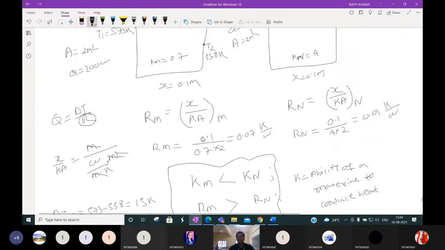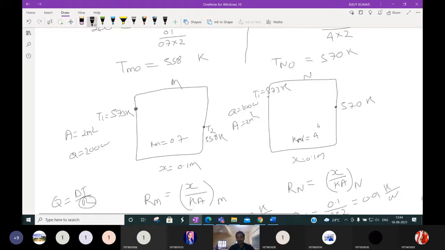The same thing in these two materials: here it is 0.7, here 4 is there. Here we have higher thermal conductivity, here lesser thermal conductivity. So the heat will flow here more rapidly, and heat will flow here at a slow rate.